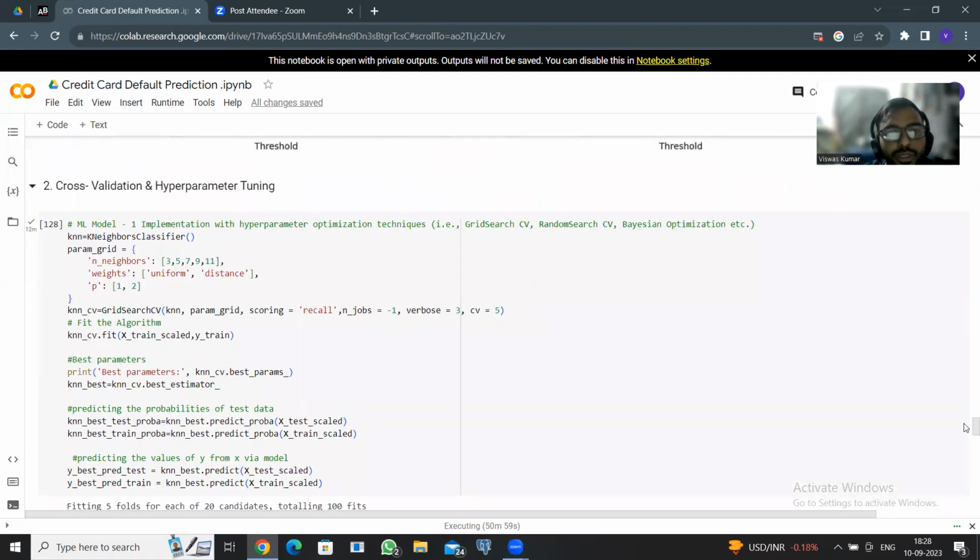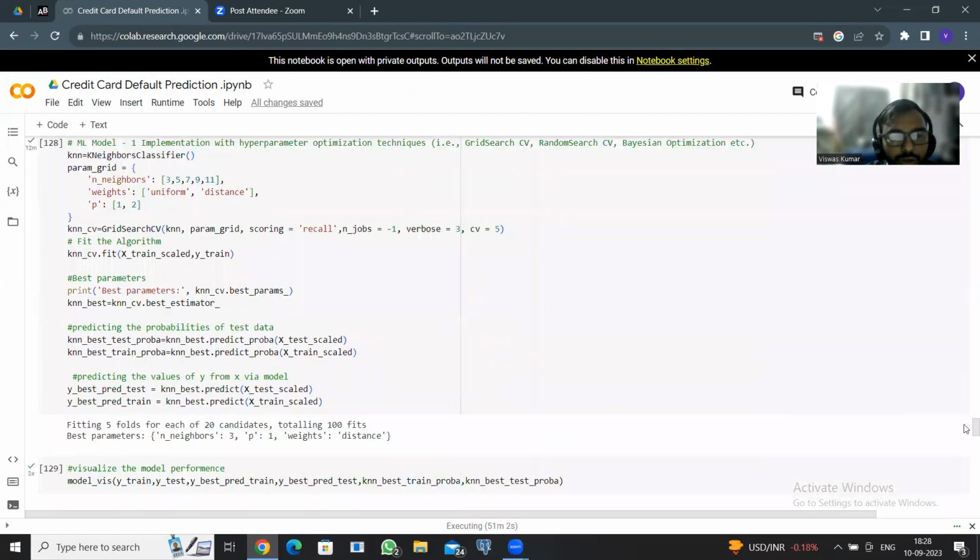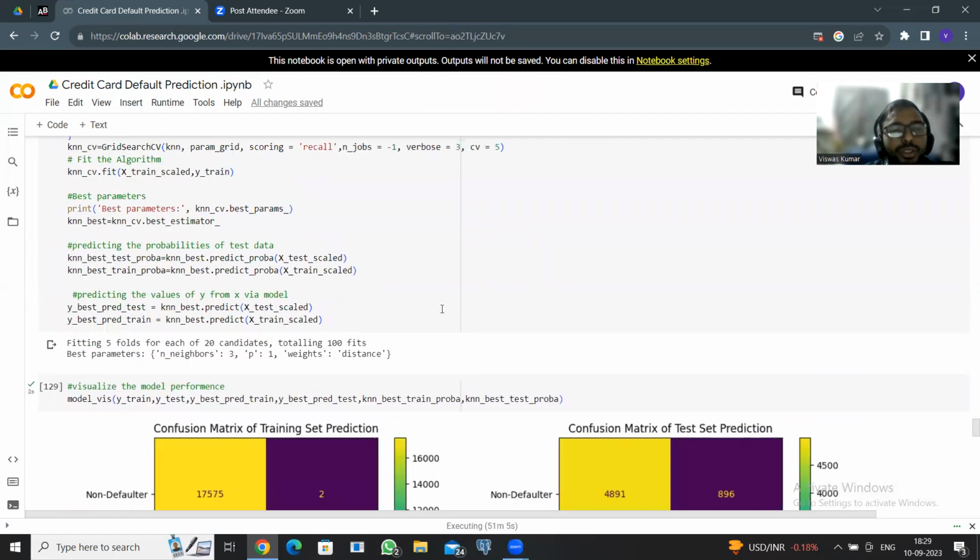Again, we optimized the KNN algorithm to get the best parameters using grid search CV.